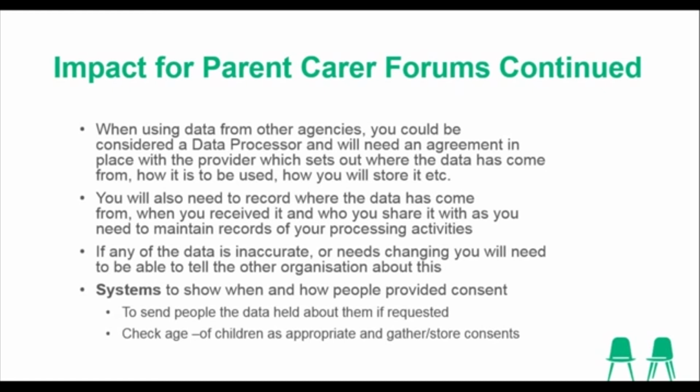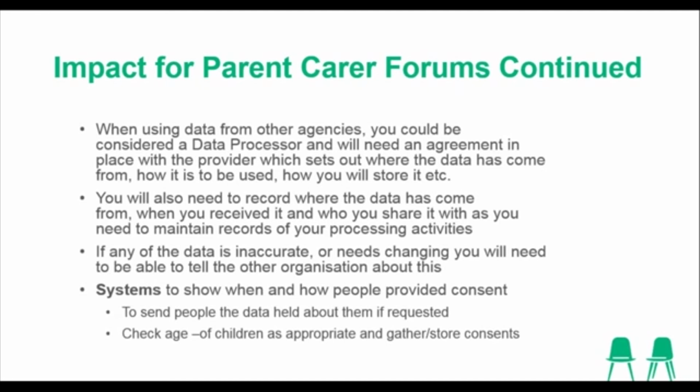You therefore need to have a two-way agreement between the third party and yourself, which sets out what both the parties do, where the data's come from, how it's used, how you'll store it, when you received it, who, if anyone, you're going to share it with, and all of that has got to be maintained on records of your processing activities. If you find the data is inaccurate, you've got to be able to talk to that third party to make sure that both of your databases are updated.